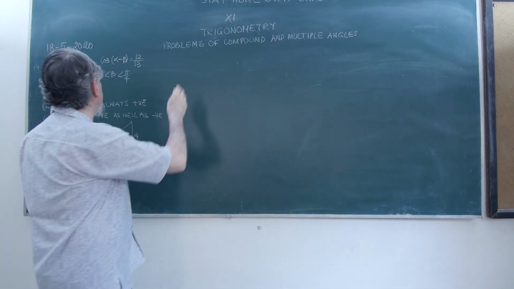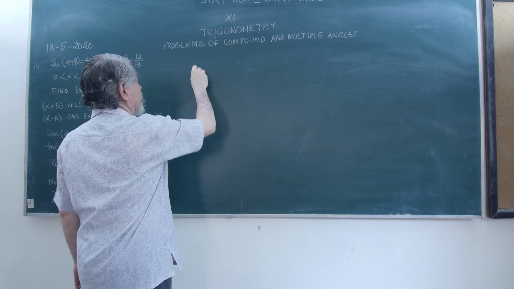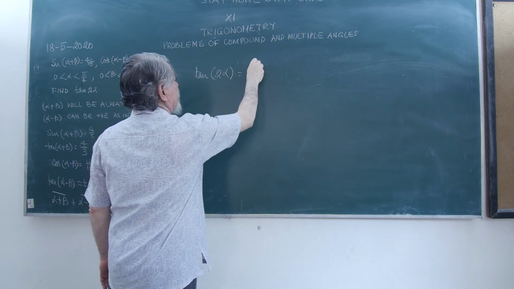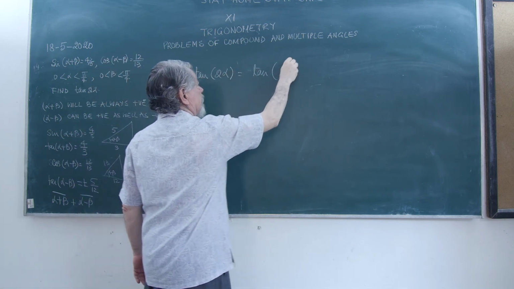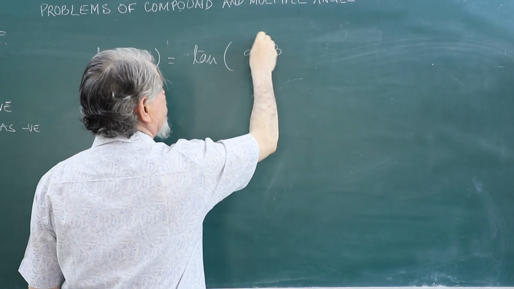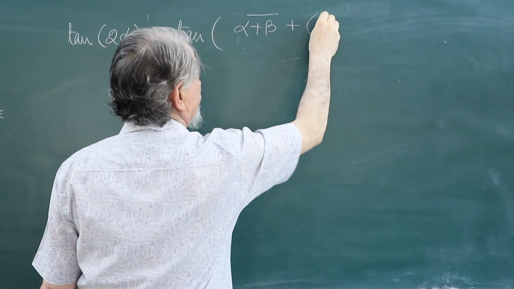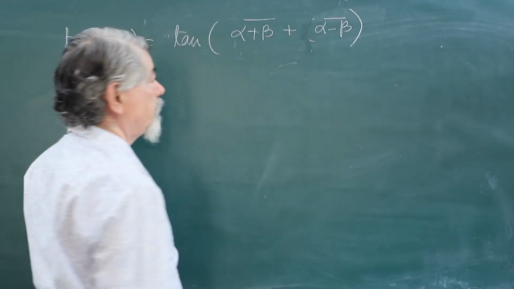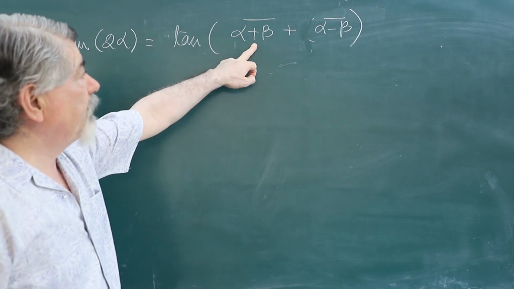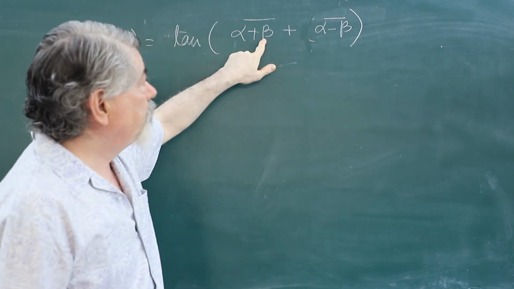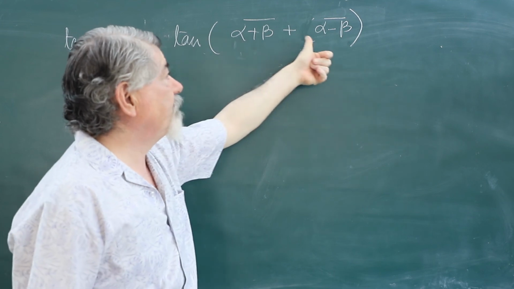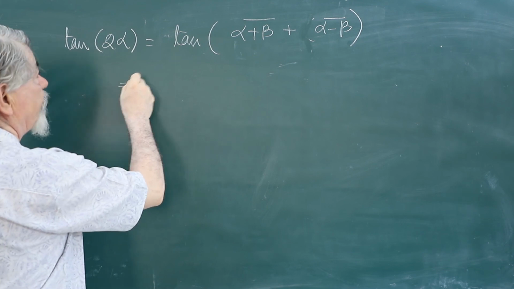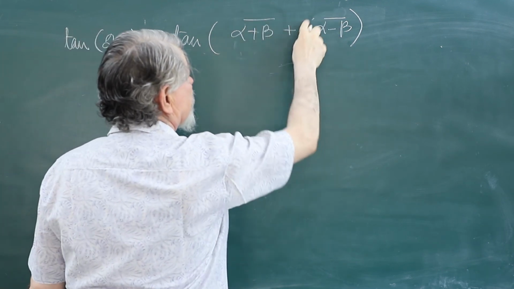Now let us see, I have to calculate tan 2 alpha. Tan 2 alpha can be written as tan of alpha plus beta plus alpha minus beta. If you add these two, beta will cancel, you will get alpha plus alpha as 2 alpha.